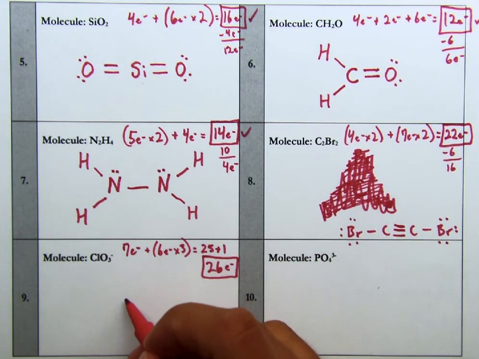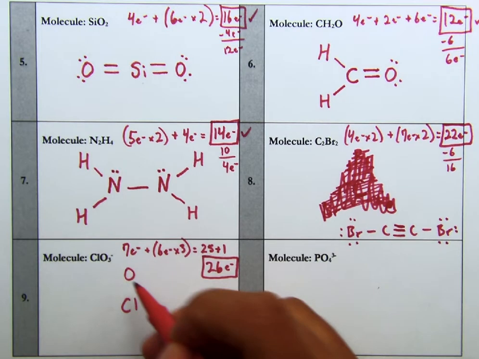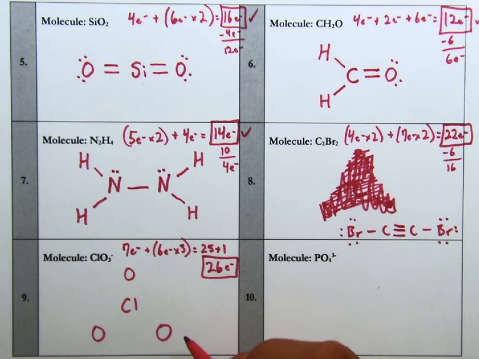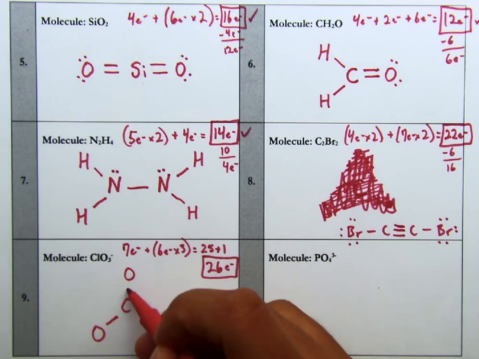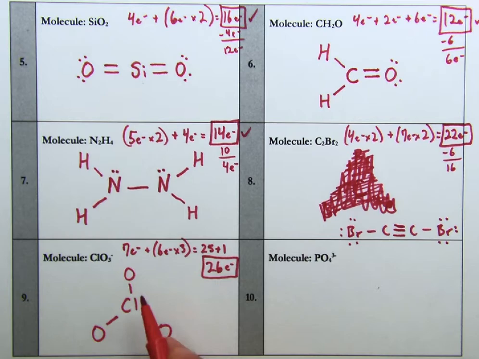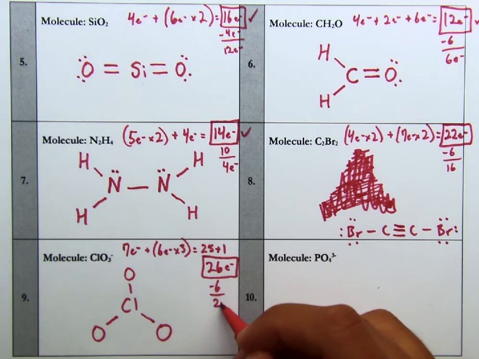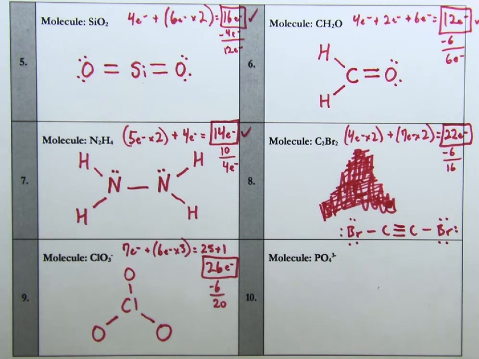All right, I'm going to put chlorine here, and then I have oxygen, oxygen, oxygen. I'm going to connect them starting with single bonds. Each bond is 2, so that's used up 6 of these, leaving me with 20. I'm going to put 6 on each oxygen.